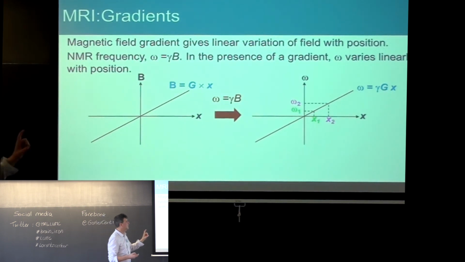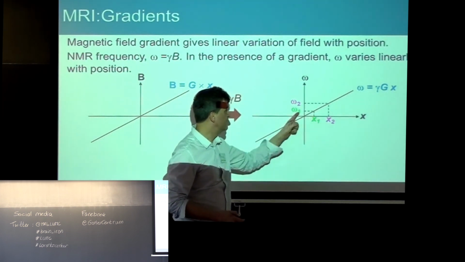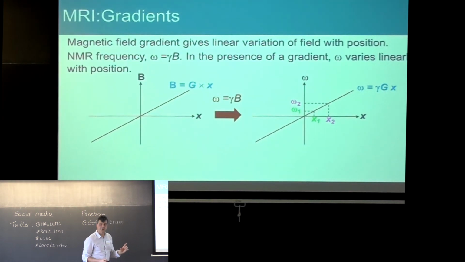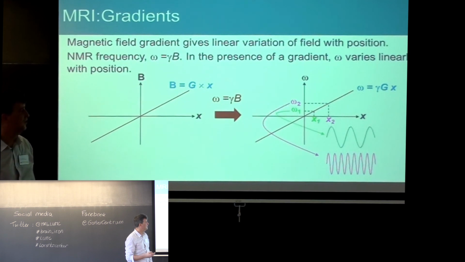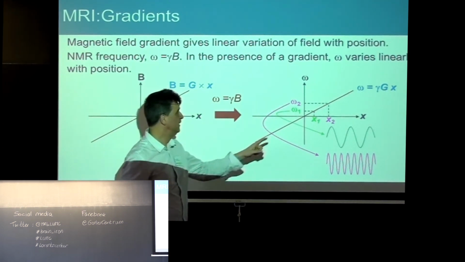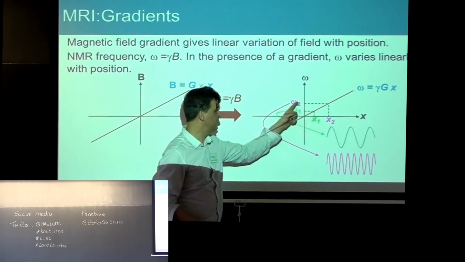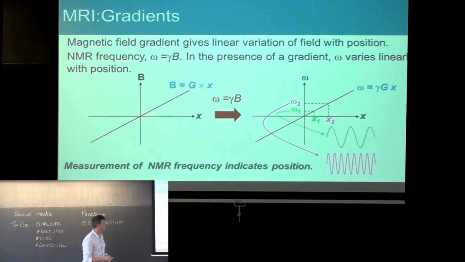So if we take two different positions along this axis, we're going to get two different frequencies of the signal because the field is different at those two locations. So we can distinguish the signals coming from these two different locations because the signals occur at different frequencies.